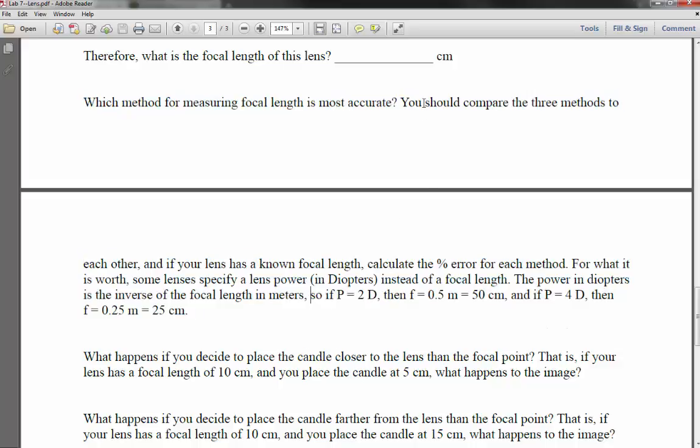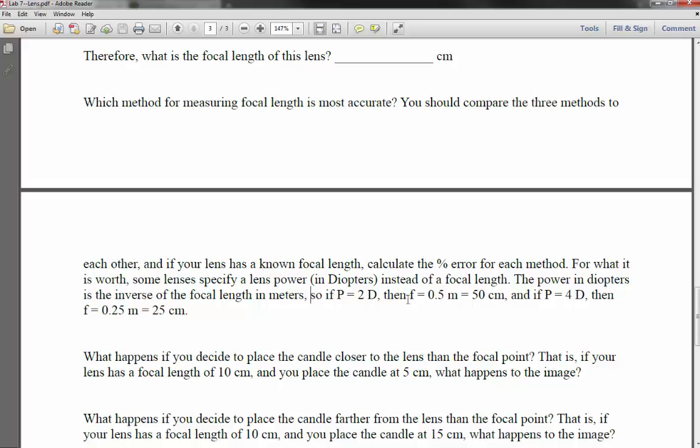Basically you can compare your three methods to each other, and if your lens has a known focal length, calculate the percent error for each method. A lot of lenses will tell you that they have a power of, for example, 2 diopters or 3 or 6 or 10.